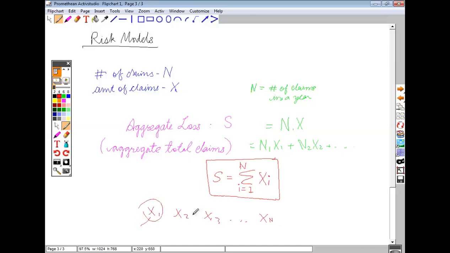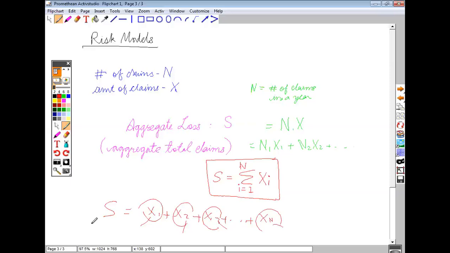The amount of claim 1, the amount of claim 2, the amount of claim 3, and the amount of the Nth claim. So if I add all of these, I should get S, right? Does everyone understand what I just did? Yes.